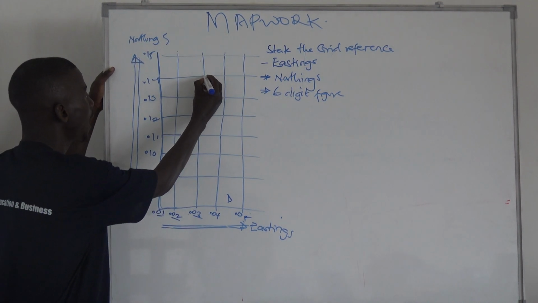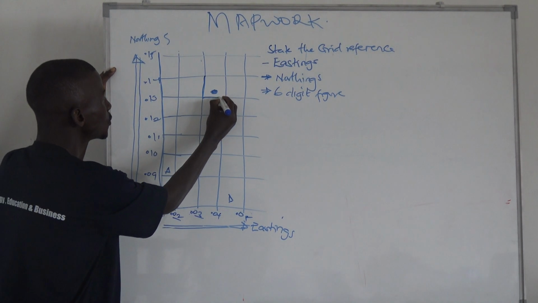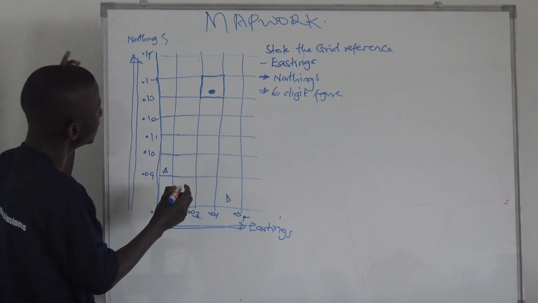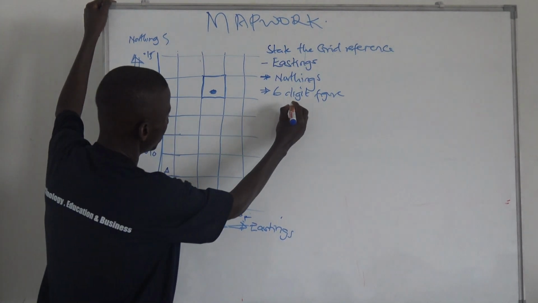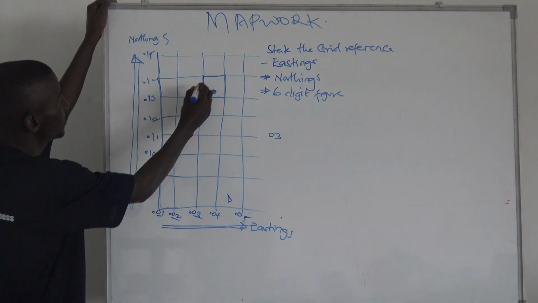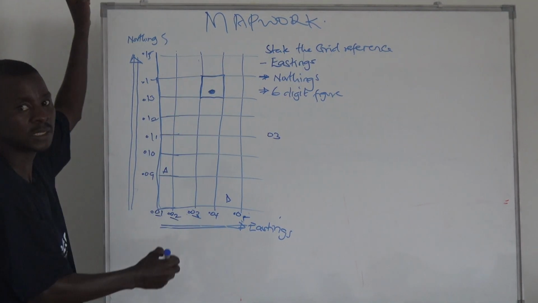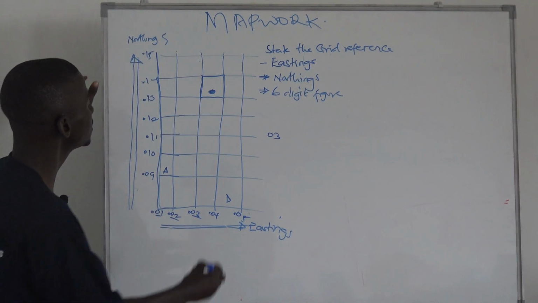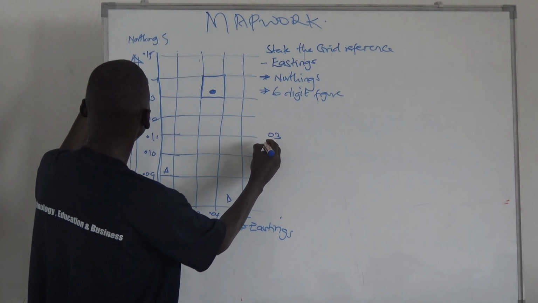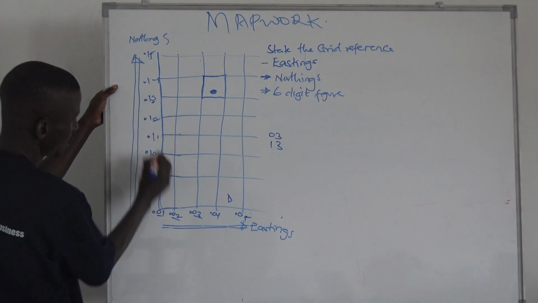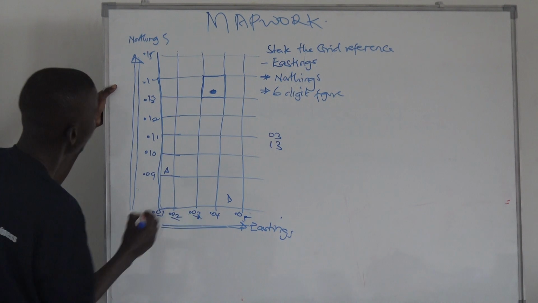Anything in this square, its eastings is 0, 3. And its northings is 1, 3.